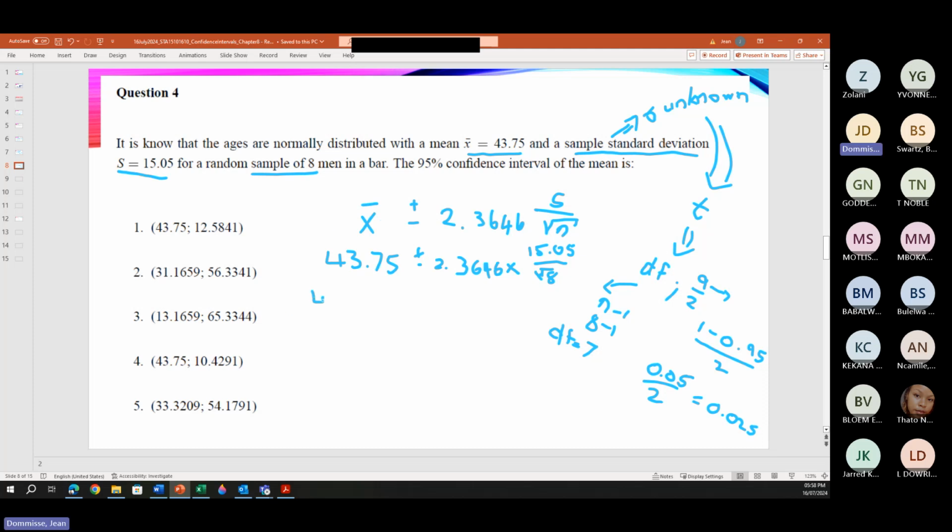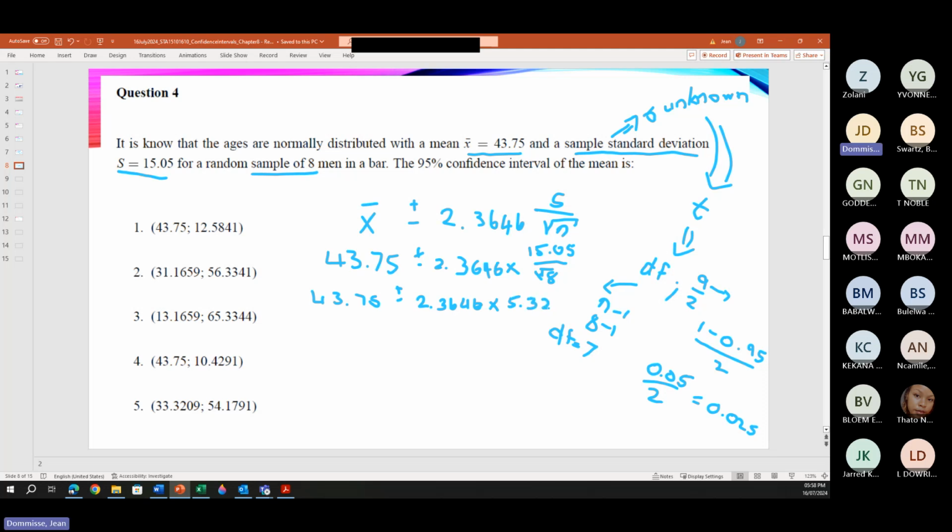So I get 43.75 plus minus 2.3646 times 5.321.